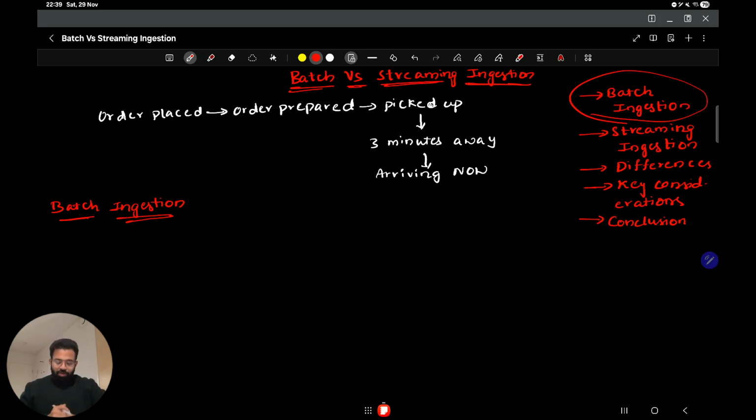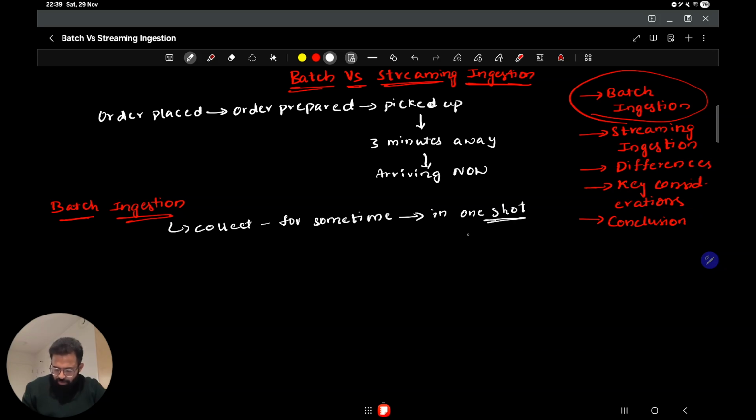So in batch ingestion we collect data for some time, and then process it in one shot, in one batch or one group. Then it's called batch ingestion.